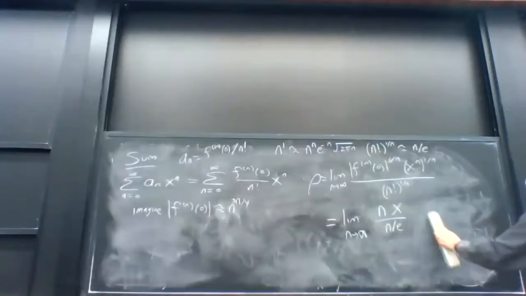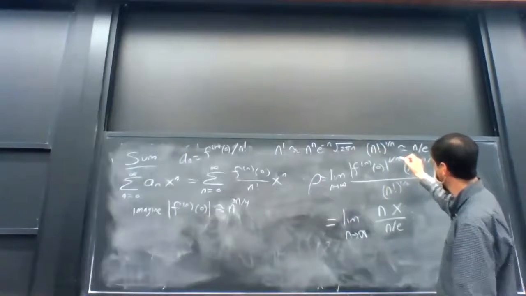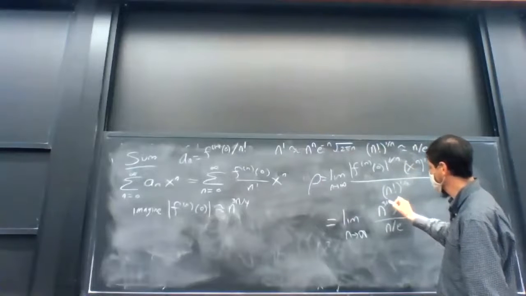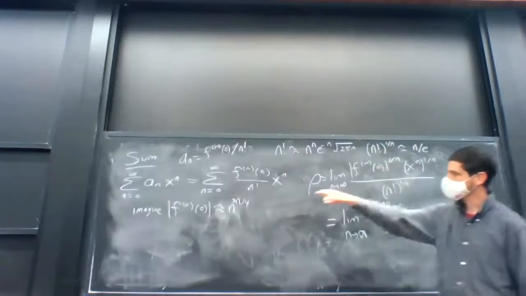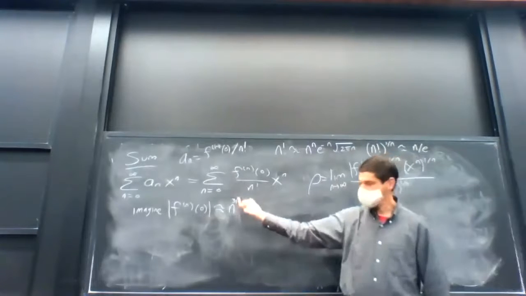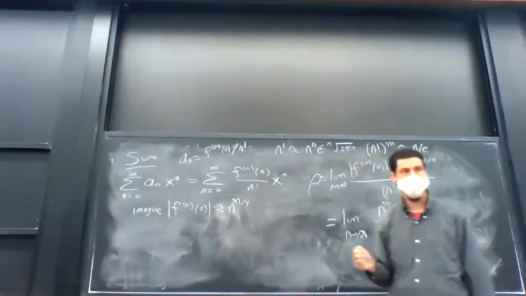Okay? And so now when we come over here, it'll be n to the 3n over 4 to the 1 over n, it'll be n to the 3/4. Because I'm just replacing the nth derivative at 0 with n to the 3n over 4. I take the 1 over n's power of that, and that will just be n to the 3/4.